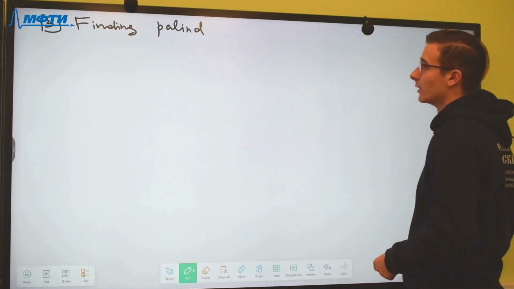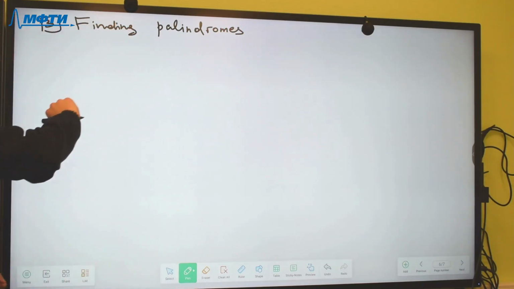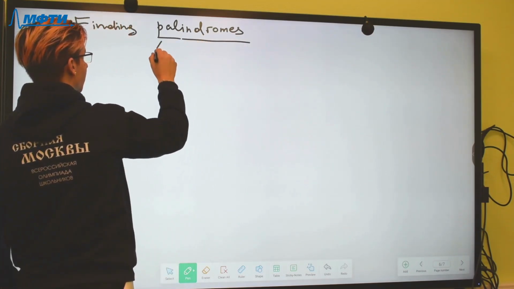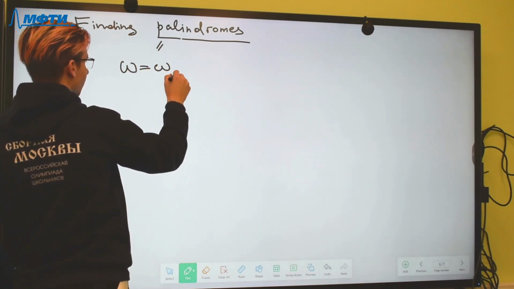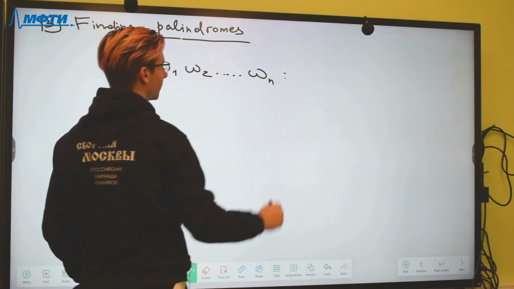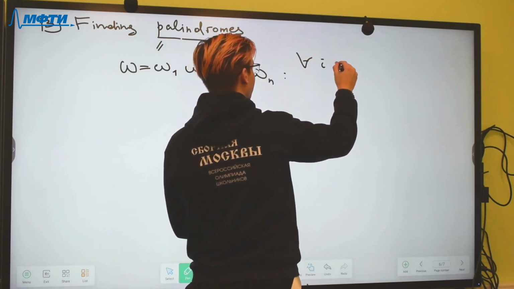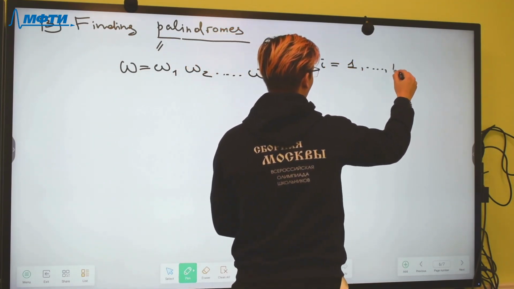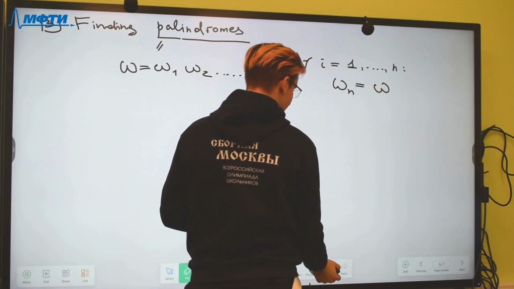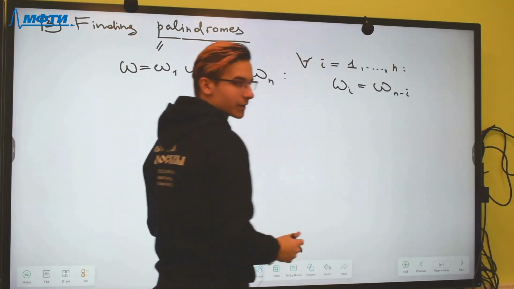So, about finding palindromes. As I say, we say that a string is palindromic if for all i equal to 1 to n, this character equals this character.